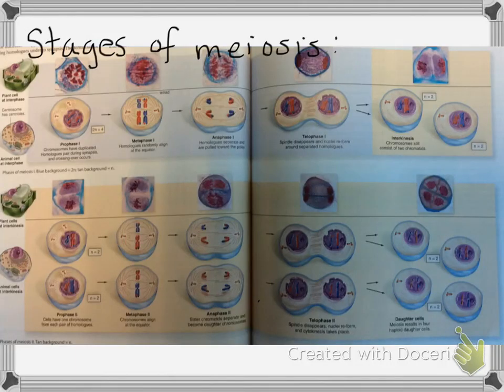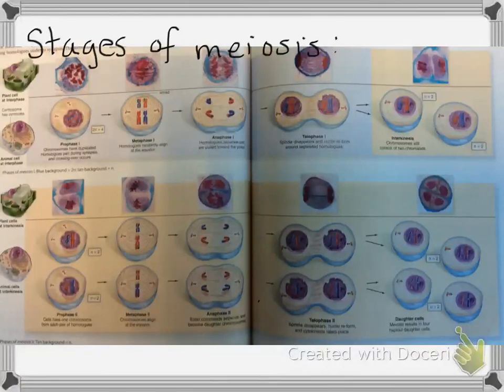Okay, the pictures of the stages of meiosis are on page 96 and 97. Let's all go there together because I'll ask you some questions about that. Okay, we start out meiosis with 1 cell.